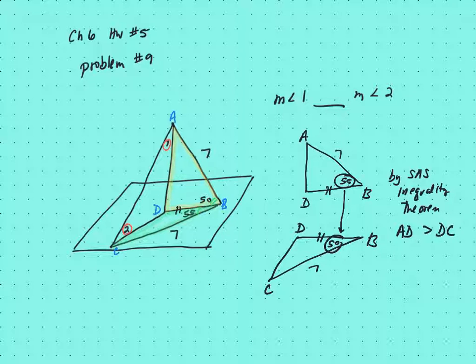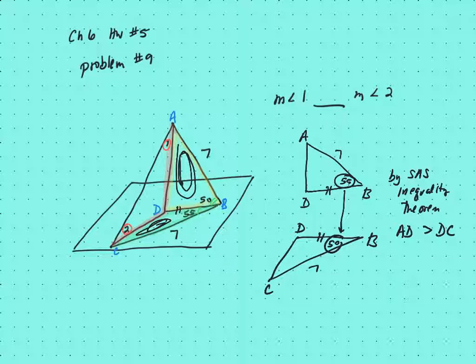These two triangles, ADB and DCB, are being compared, so we can make a conclusion about these two side lengths. I'm going to highlight them in this reddish color. So AD and CD can now be compared.